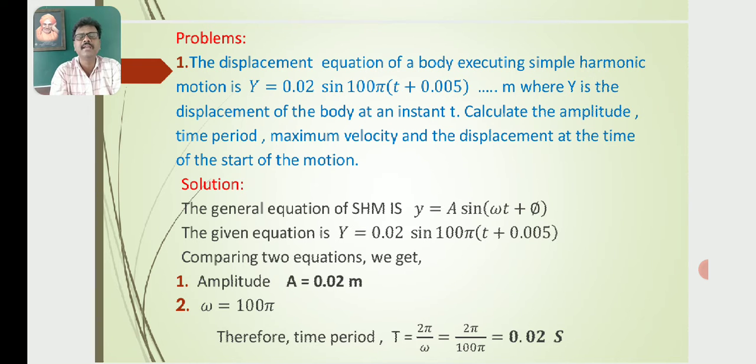That is the so-called displacement equation, where y is the displacement of the body at an instant of time t. Then calculate the amplitude, time period, maximum velocity and the displacement at the start of the motion.